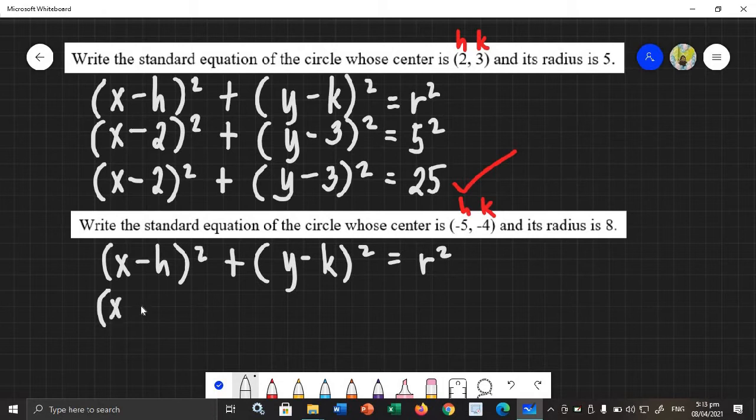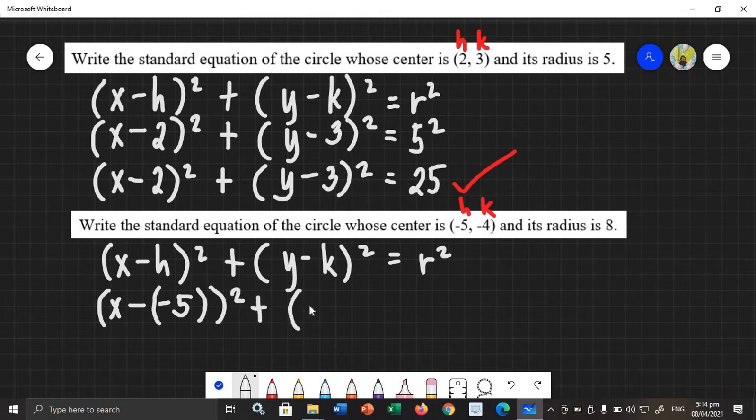We have x minus, the value of h is -5, so just write -5 and put parentheses on both sides of -5 so you won't be confused between the operation sign and the sign of 5. Okay? So if you read this, this is equal to x minus -5, squared.